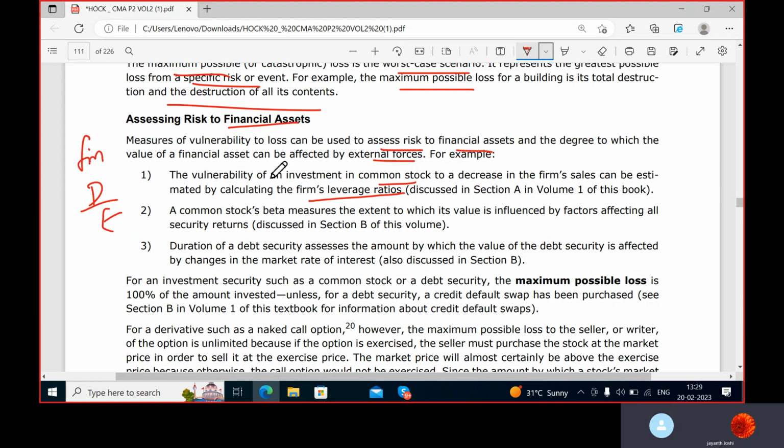So the vulnerability of an investment in common stock to an increase in the firm's sales can be estimated. If you are investing in some stocks of a company and you are checking the sales of that company, then you can do that with the help of leverage ratios.